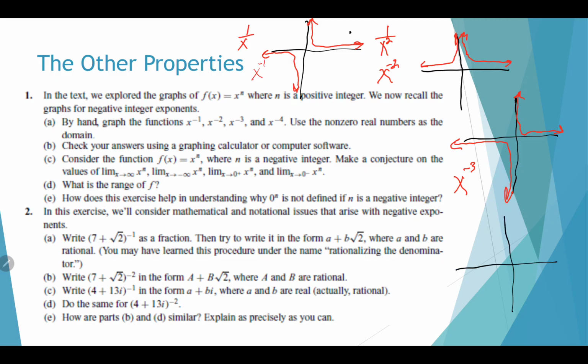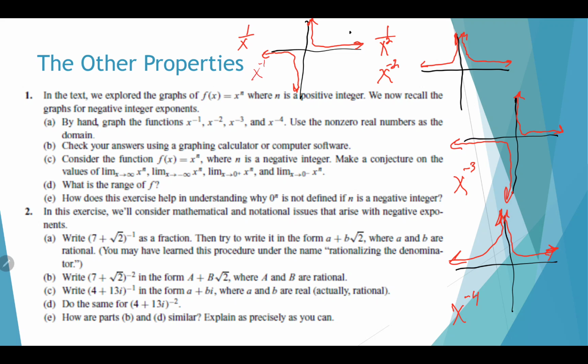Same idea here. We're expecting to see, because this is x to the -4, right, this pattern to continue, and it will. That was way looser than it probably would be, but you get the idea, right?